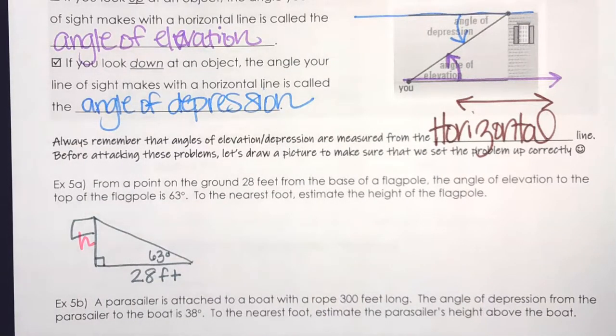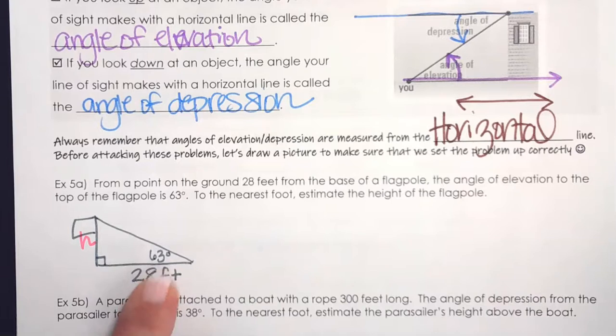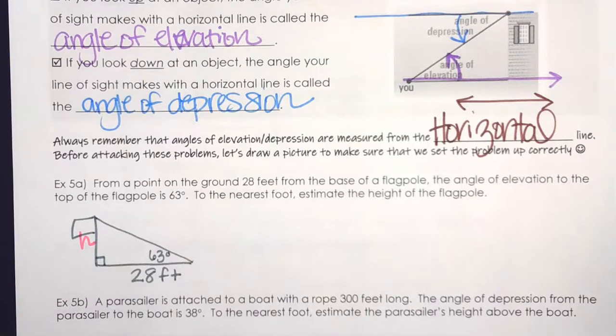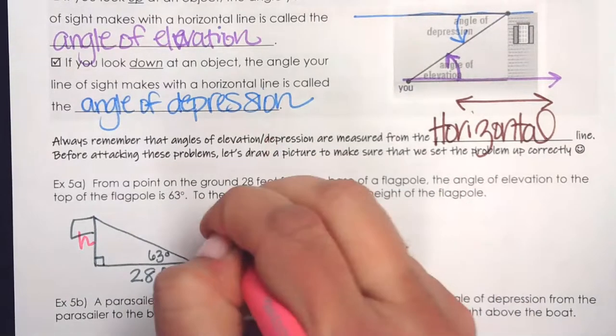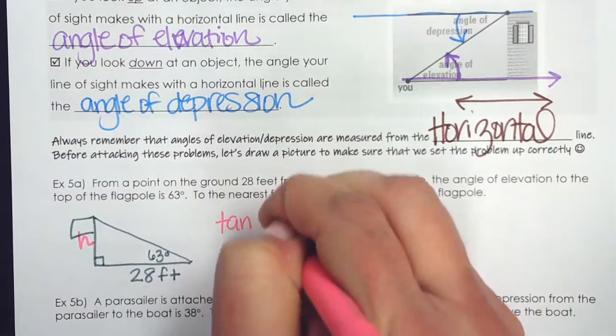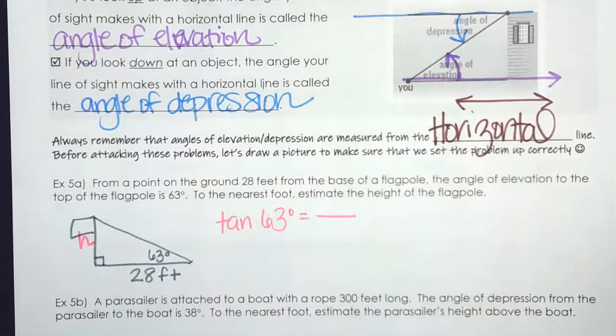Well, now that we have the picture, we can make our ratio. In relation to 63, 28 is adjacent and h is the opposite. What trig function could we use here? Tangent. We could say that the tangent of 63 degrees equals, now which one goes on top?